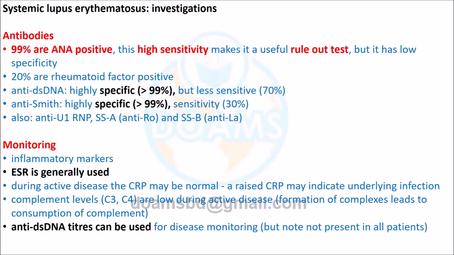But in technical terms, we like to say that a highly specific test is actually utilized for ruling in the disease. I like to say in very short words, specificity rules in the disease.